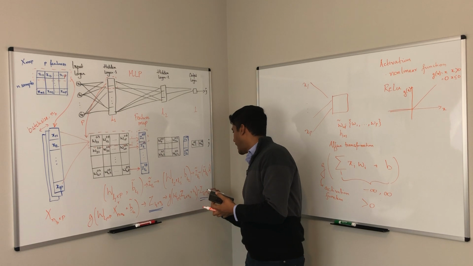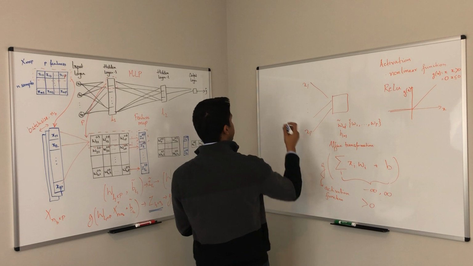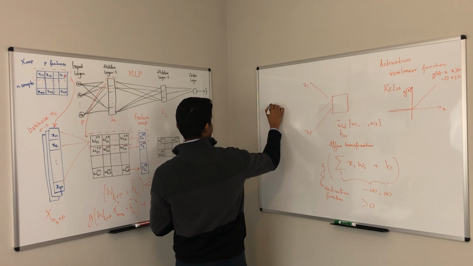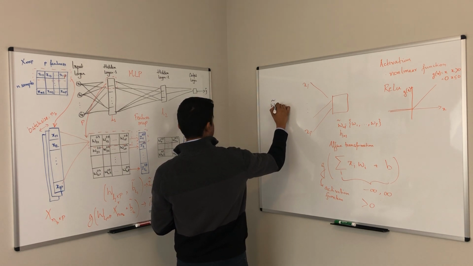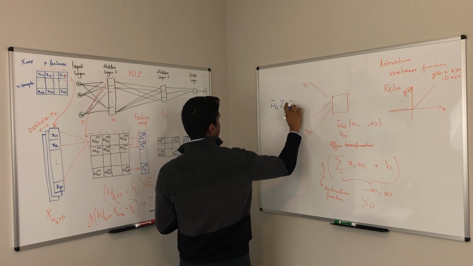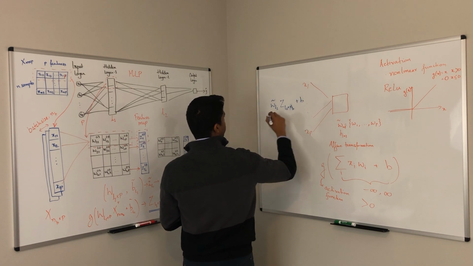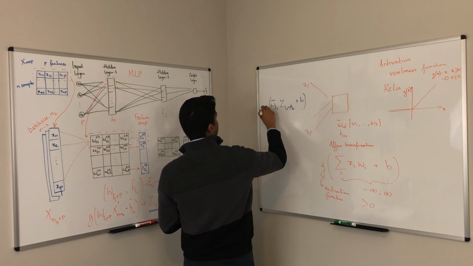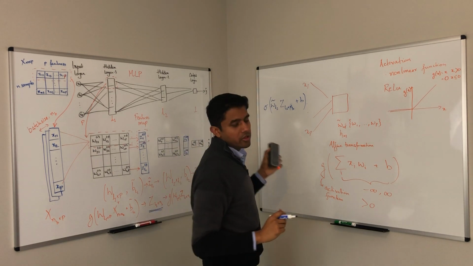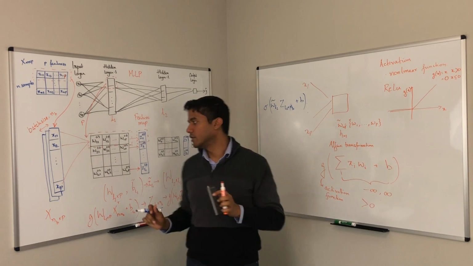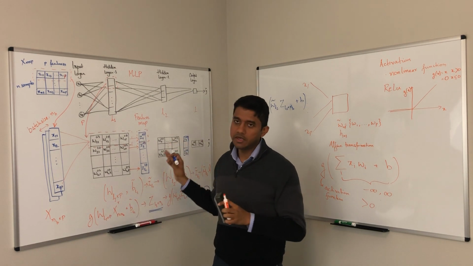So at the last layer, this goes as an input. Let me continue it here. So in the last layer, we will have the weights times the input, plus the bias, and we also apply another activation here, and generally the activation at the output layer is different from the activations we use in the intermediate layers.